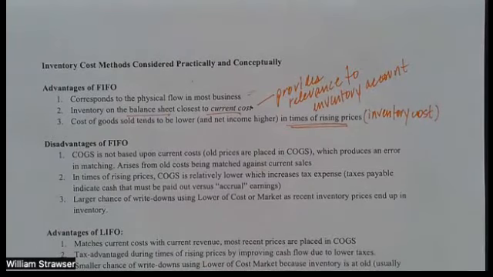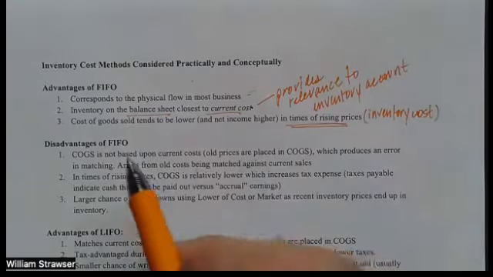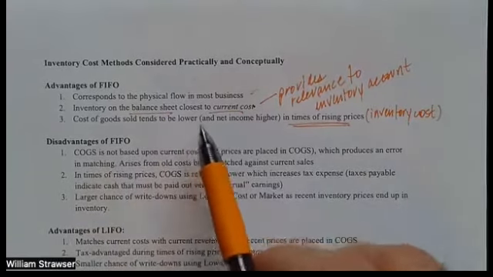In times of those, which generally tends to be the case on a macroeconomic, large scale level, prices just rise over time. Unfortunately, pay doesn't rise quite as quickly as prices do. Cost of goods sold tends to be lower and net income higher.